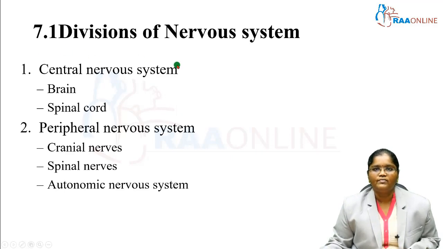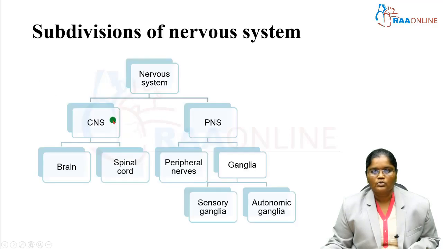So what are the subdivisions of the nervous system? The nervous system can be broadly classified into the central nervous system and the peripheral nervous system. The central nervous system is further subdivided into brain and spinal cord, and the peripheral nervous system is classified into the cell bodies, which are called ganglia, and the axons or nerve fibers, the peripheral nerve fibers.